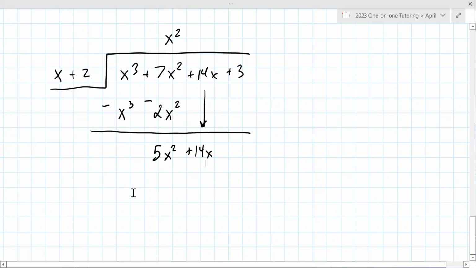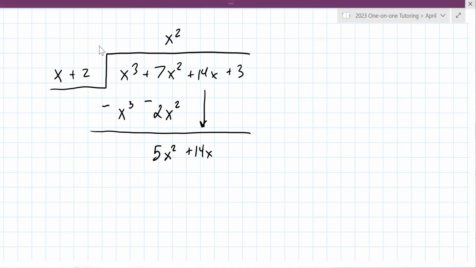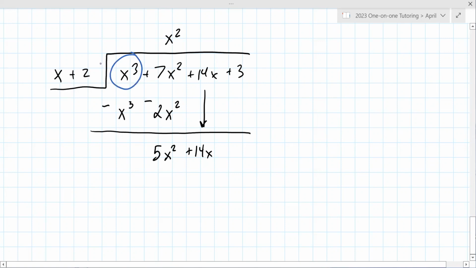Let me know when you get caught up to here and if you have any questions as well. So the first thing I do is, how do I get to x cubed from x?